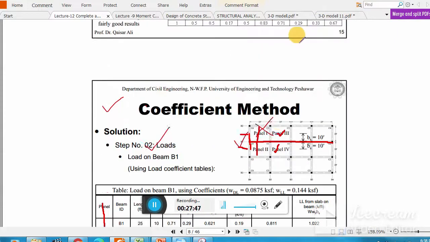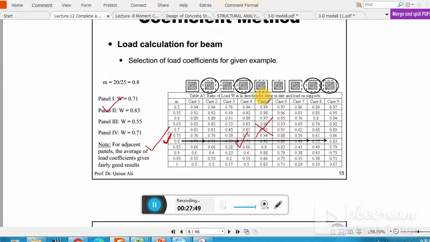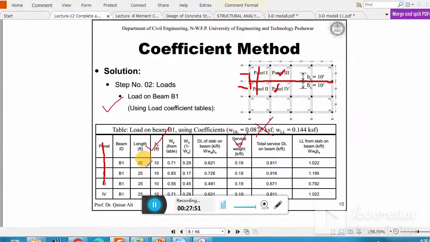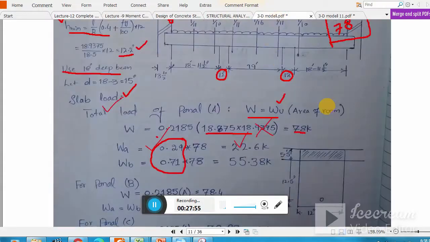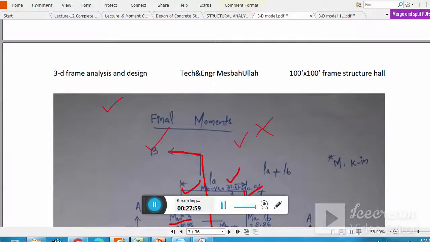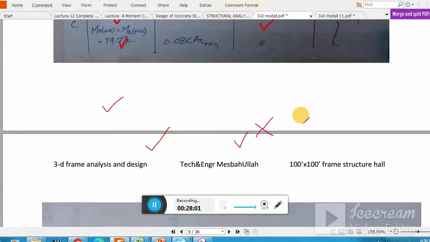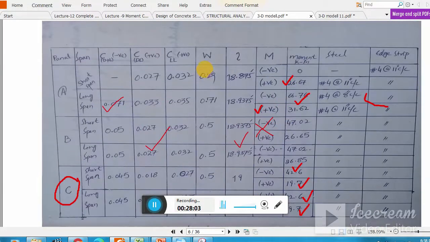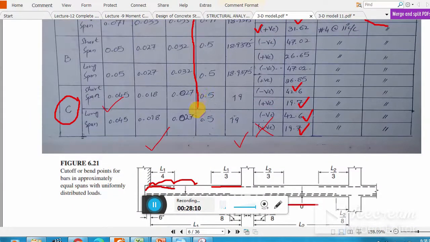You need to use this table and search the values, and I share those values. I already wrote down here the amounts of those coefficients. These are the coefficients which I selected from that table.